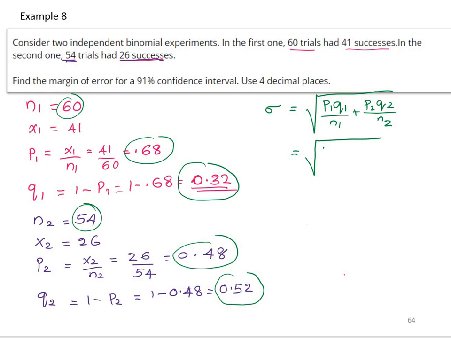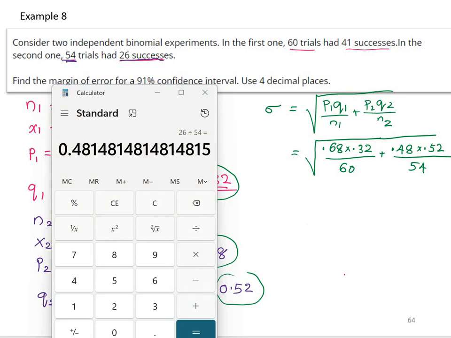P1 is 0.68, Q1 is 0.32, over 60, plus P2 is 0.48 times 0.52 divided by N2, which is 54. Now we can find the value using the calculator.